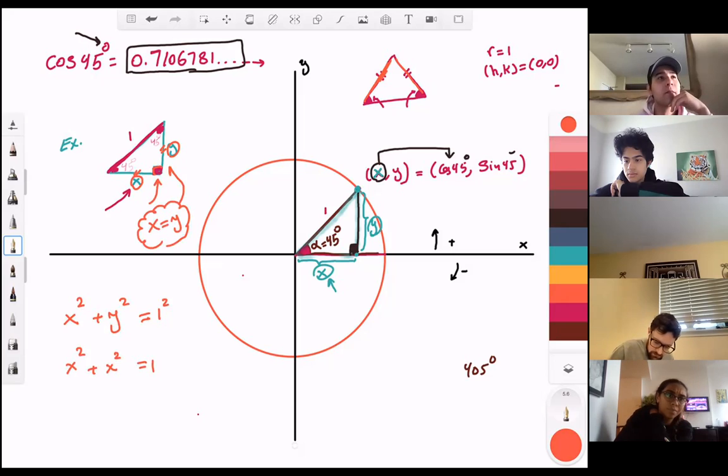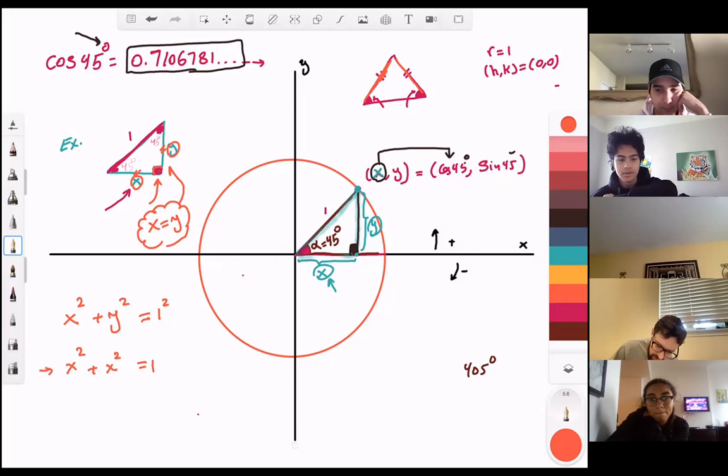Who can solve for X here? I'm gonna ask Jake. Okay, you work it out. X squared plus X squared equal to 1. What is X? I don't know actually.